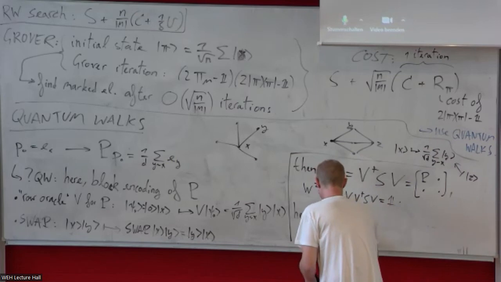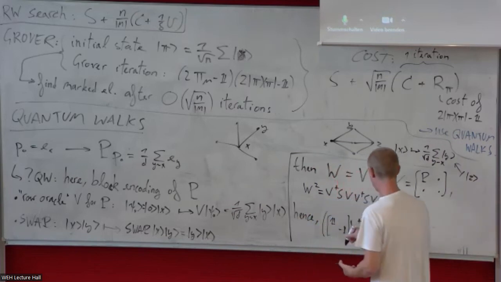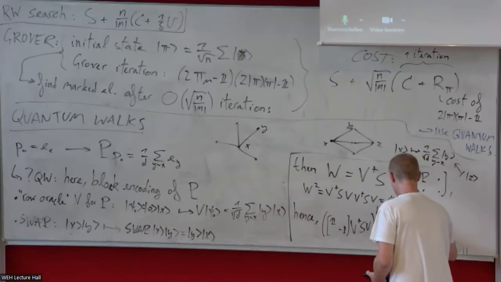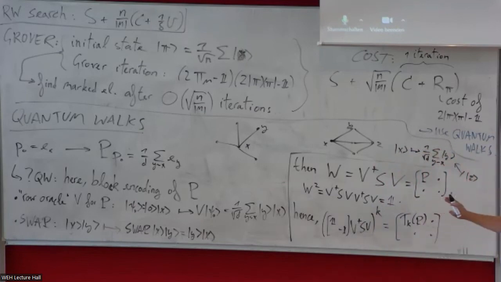You see, it's always about reflections. And we put it in front of this quantum walk block encoding, we apply this k times. What do we get? We get the k-th Chebyshev polynomial of P. It's exactly what we saw on Tuesday. We also proved it to some extent on Tuesday.